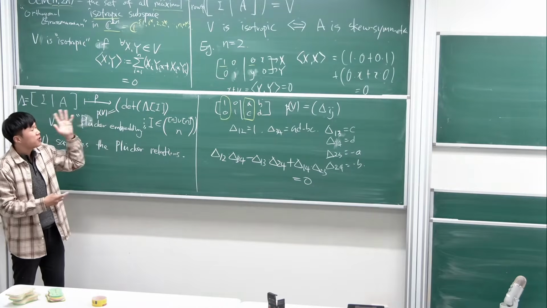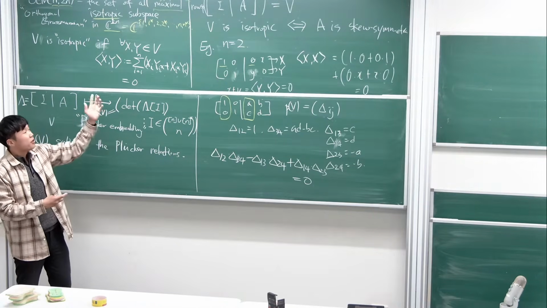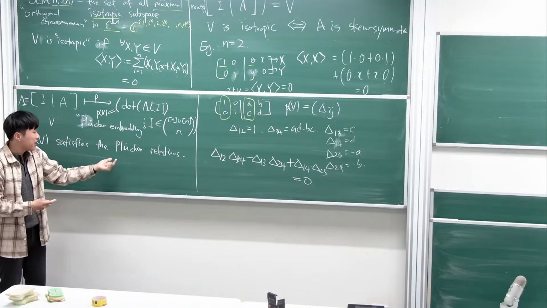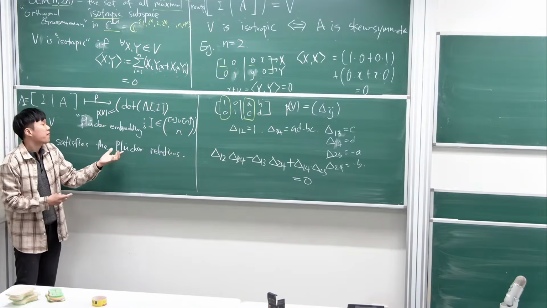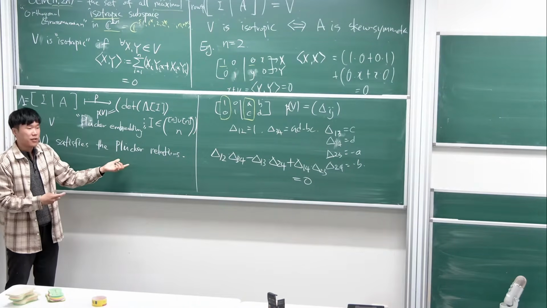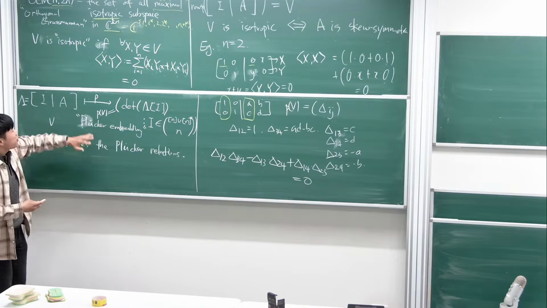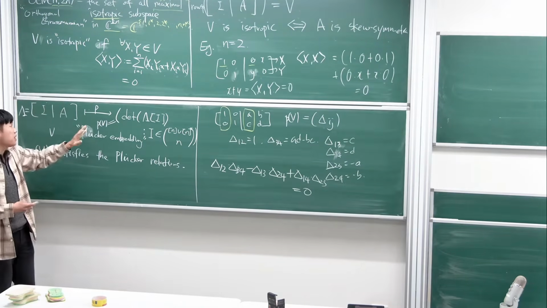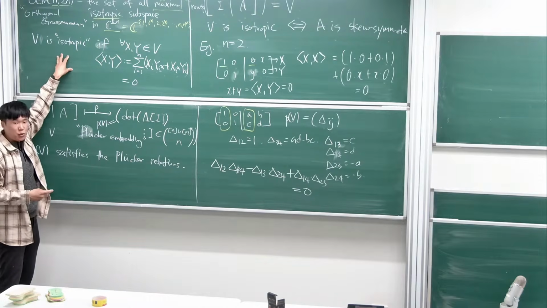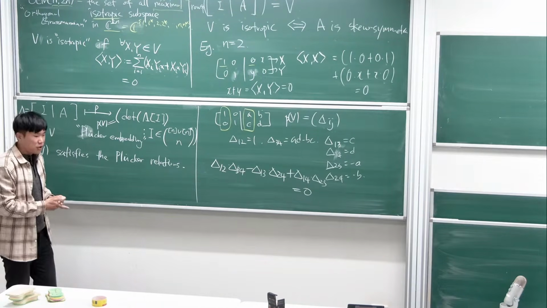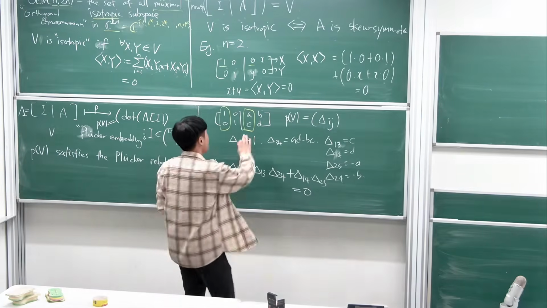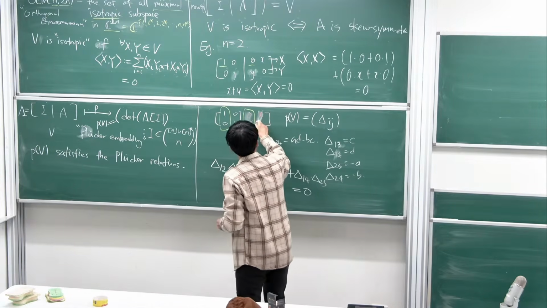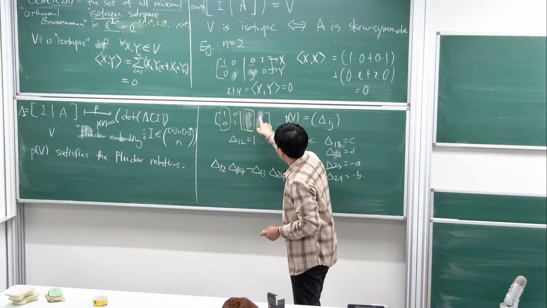So a vector space can be embedded using the Plücker embedding, and those things are exactly described by the Plücker relations. And the Plücker relation is some kind of algebraic tool to understand vector spaces. But here, we are considering isotropic vector spaces, and this is a very specific case. So what I mean is that here, we are just replacing this by x and negative x.